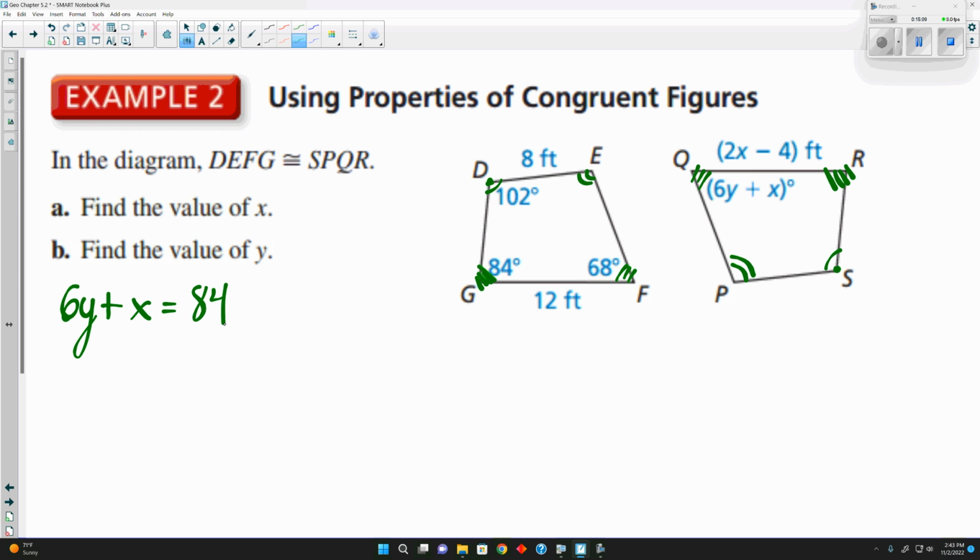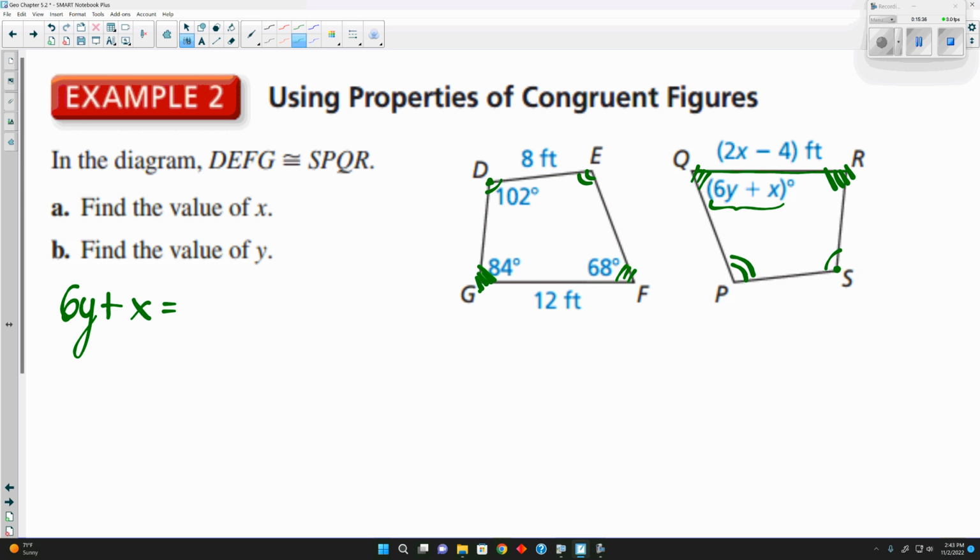Let's see what else we have. QR. Because here 6y plus x is congruent to, so 3, so G. Let's make sure. Yes. It should be F, thank you, because I was looking at the figure.